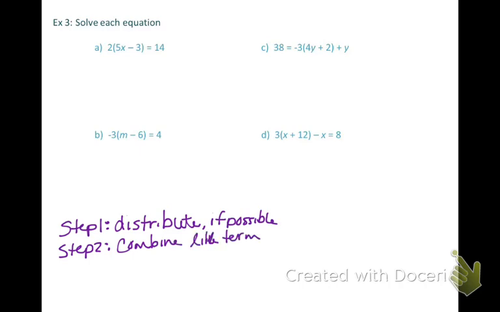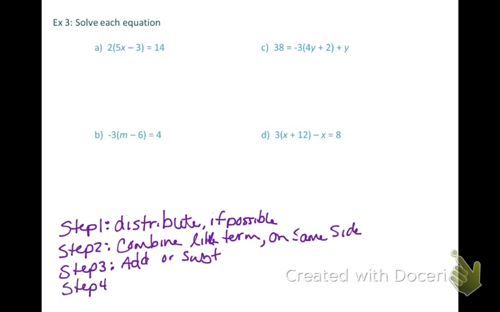Now, combining like terms, remember on the same side, you do not change the sign. You do what it's asking you to do on the same side. Step 3, add or subtract. By this time we should have 2-step equations. And then step 4 is multiply or divide.